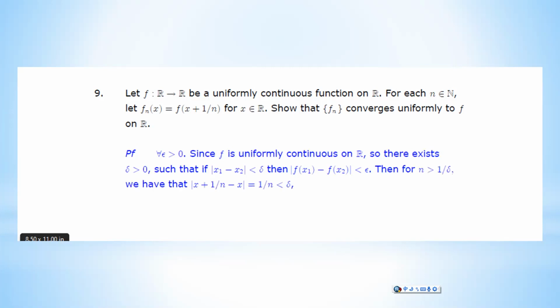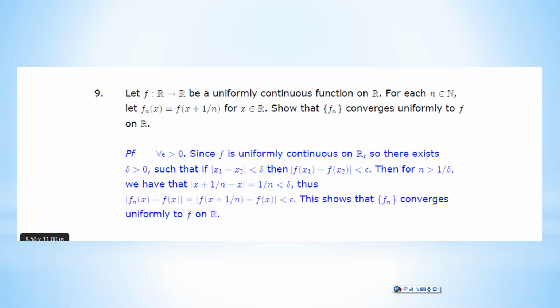Now I'm looking at the difference between x and the new shifted point, x plus 1 over n. You can see that the distance is obviously equal to 1 over n. Since I'm choosing n greater than 1 over delta, the distance 1 over n is now less than delta.